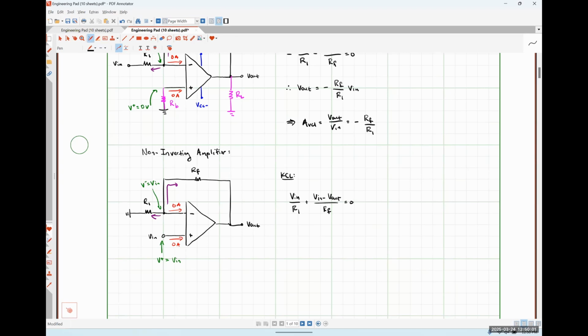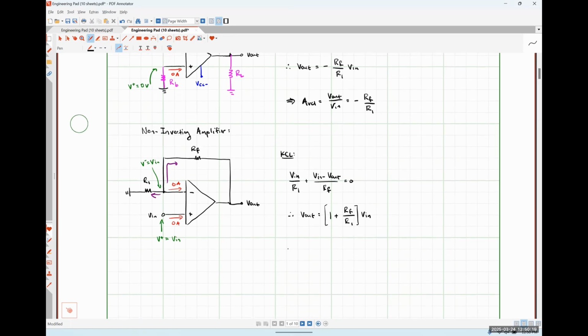And that can be easily rearranged to V out is equal to 1 plus RF over R1 times our input signal, and therefore our closed loop voltage gain, sorry, that should be AVCL, got my subscripts mixed up, is going to be simply 1 plus RF over R1.